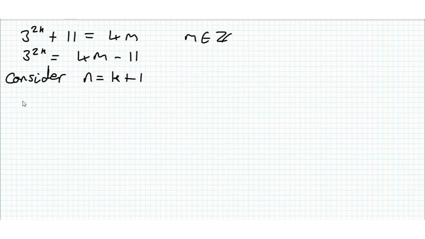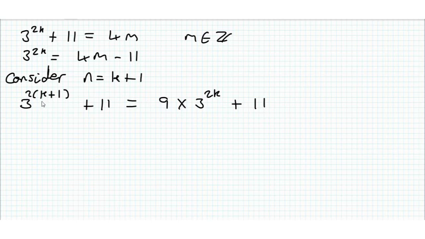So we have 3^(2(k+1)) + 11, and that is equal to 9 times 3^(2k) + 11, and the reason is because of our indices rules. This is 3^(2k+2), so we can separate those powers by multiplying 3^2 by 3^(2k), and 3^2 is 9. Brilliant.